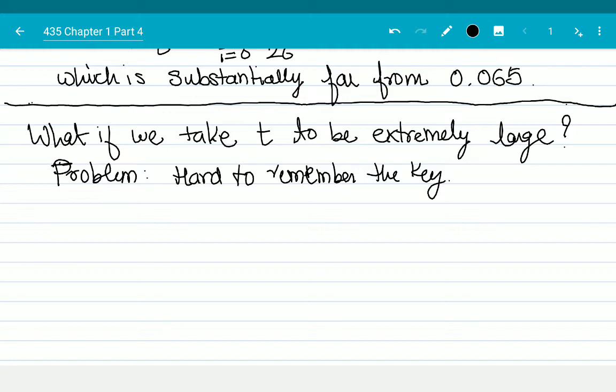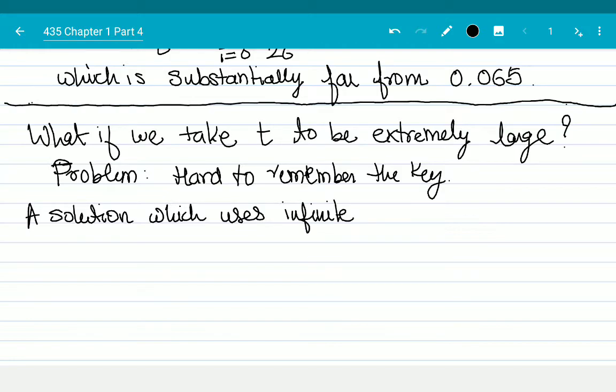One solution that uses a long key, and when I say long, I mean literally infinitely long, is a solution which uses infinite block length.